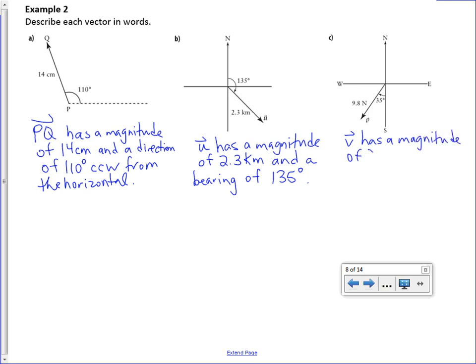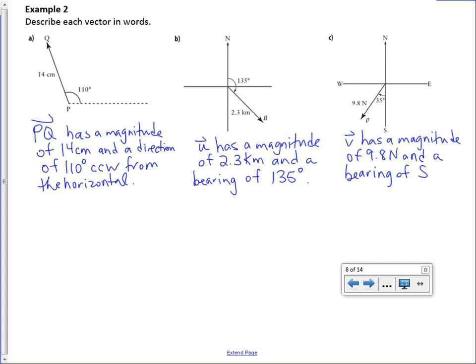of 9.8 newtons and a bearing of, so this time we're going to use a quadrant bearing. So start with a direction, write an angle, and end with another direction. So what's the starting direction here, guys? South. Okay.